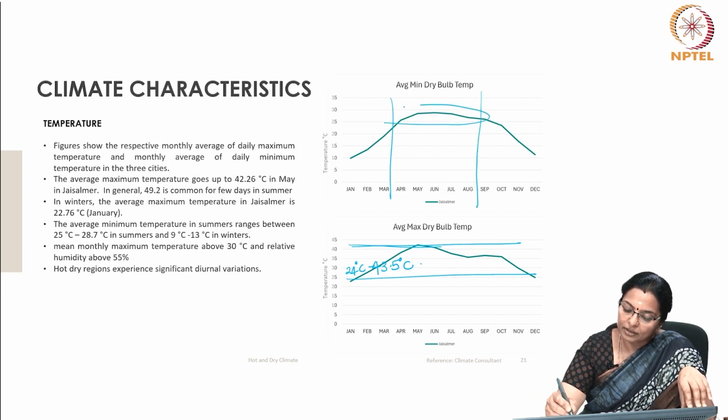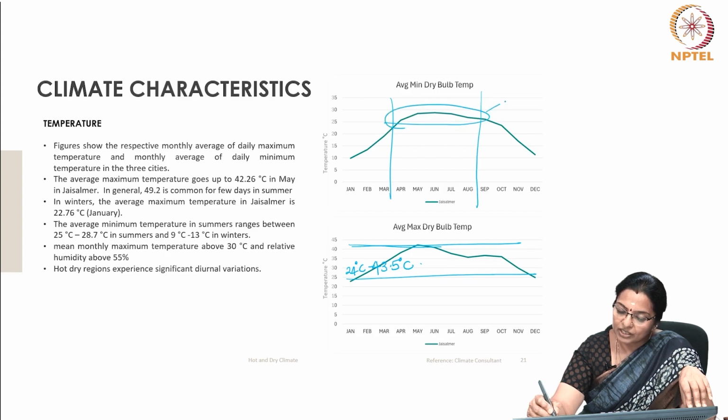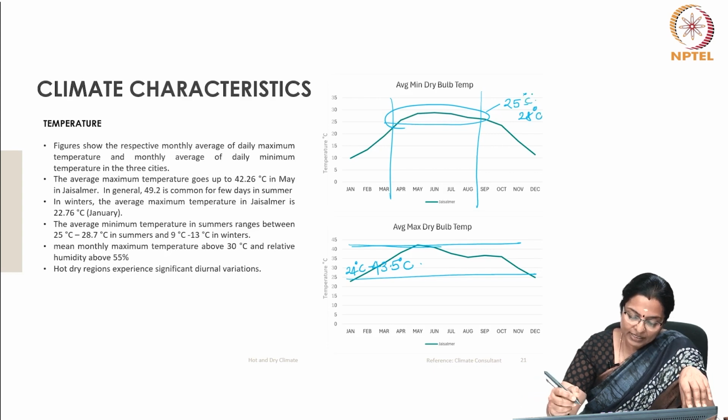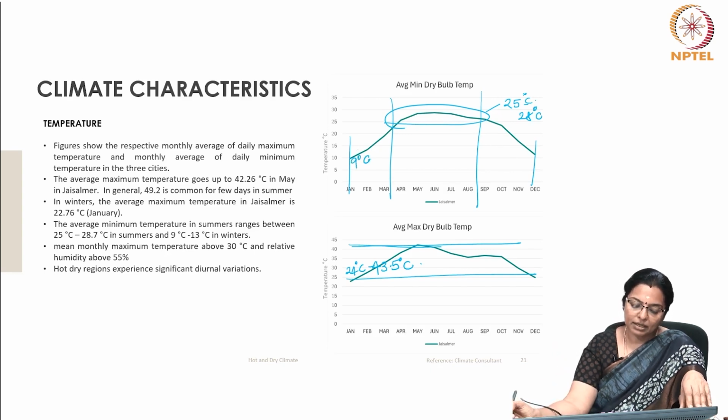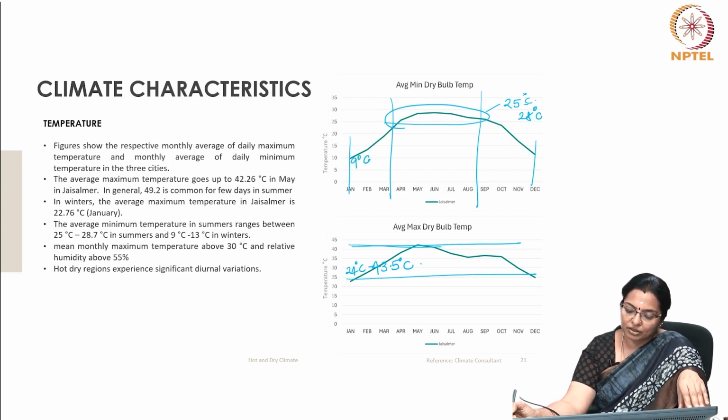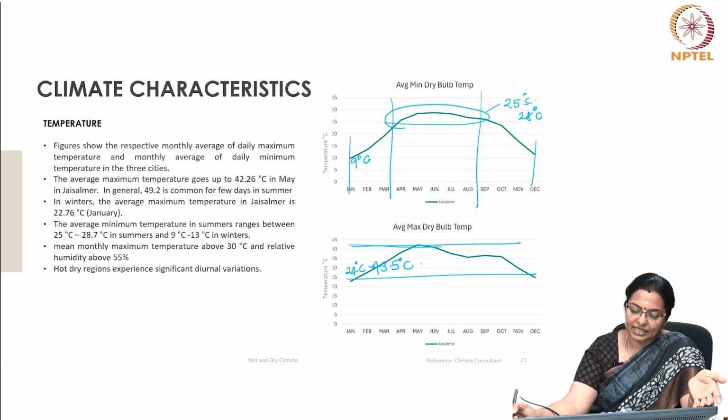So, in the summer, the temperature ranges between 25 to 28 degrees centigrade, whereas in the winters, the temperature could dip even up to 9 degrees centigrade. The mean monthly maximum temperature is above 30 degrees centigrade and the relative humidity is above 55%.